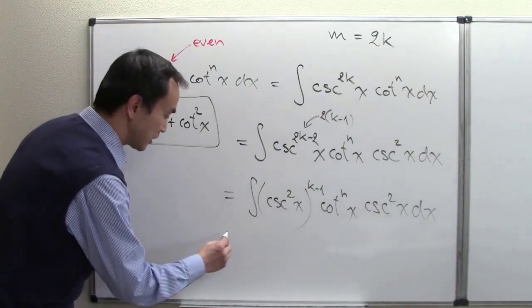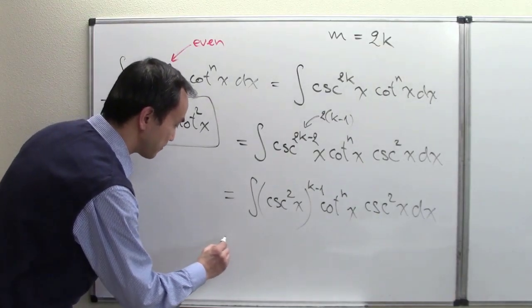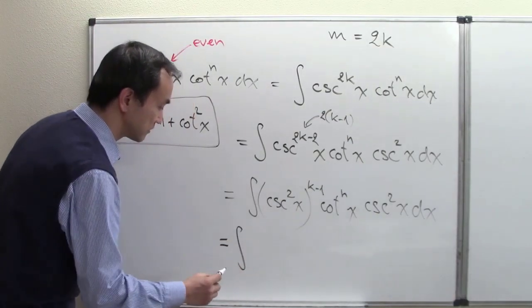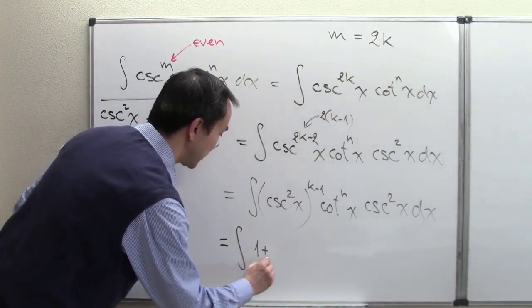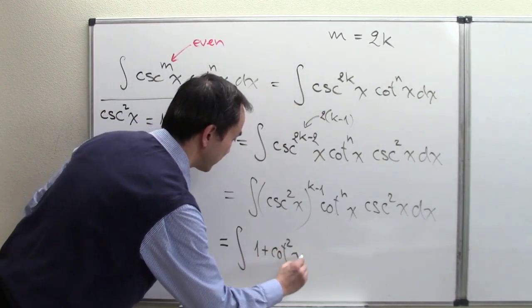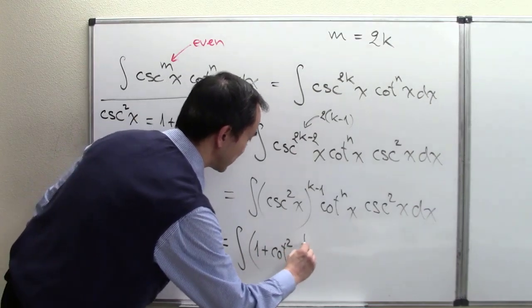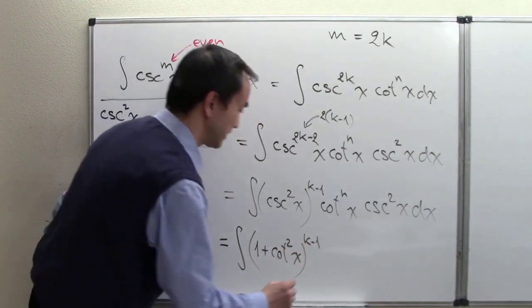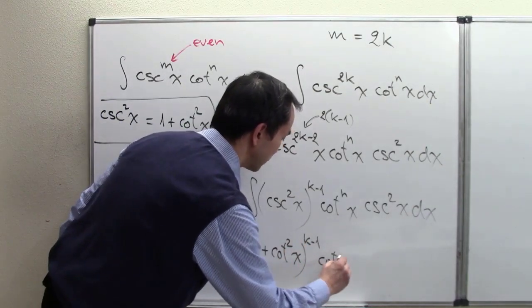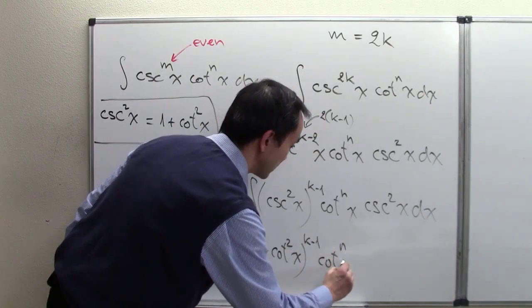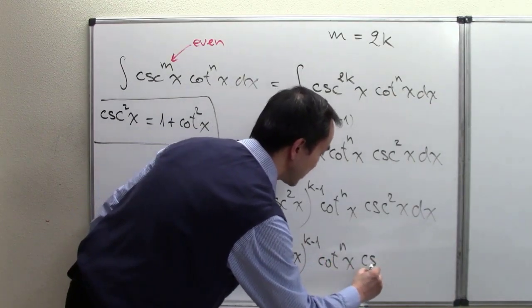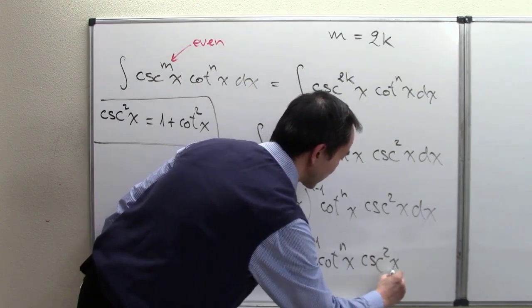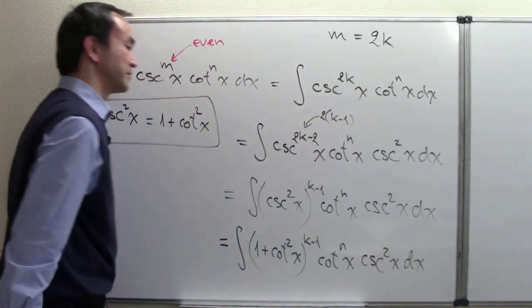And so now my integral becomes the integral of 1 plus cotangent square of x raised to the power k minus 1, and I'm going to multiply with the other part, cotangent to the n of x times the cosecant square of x dx. All right.